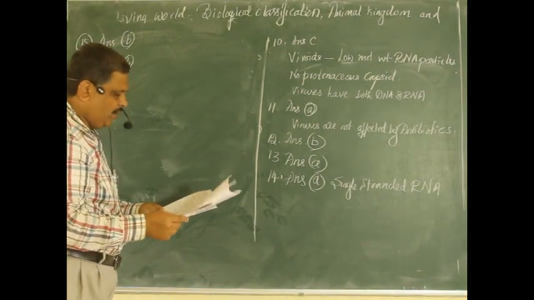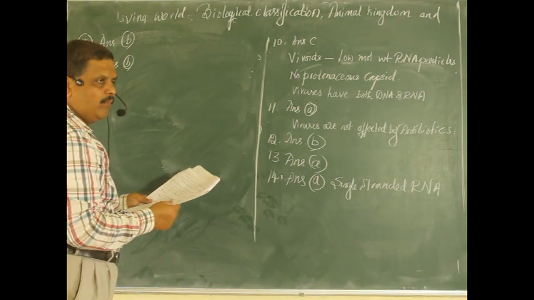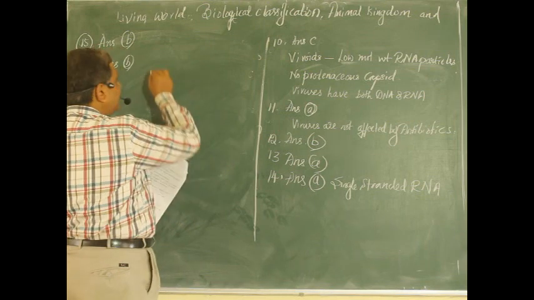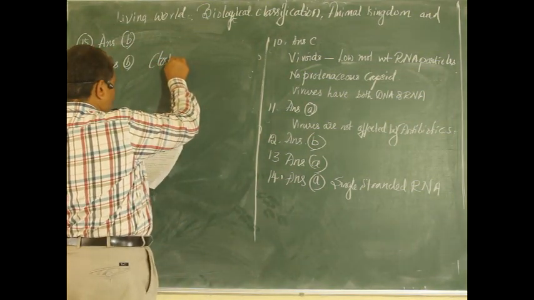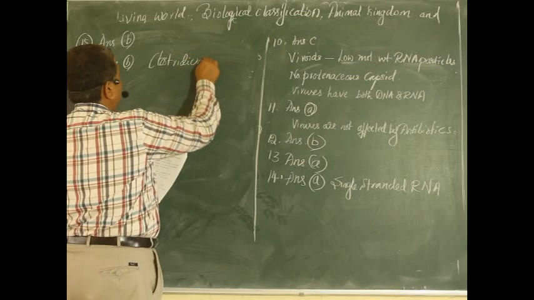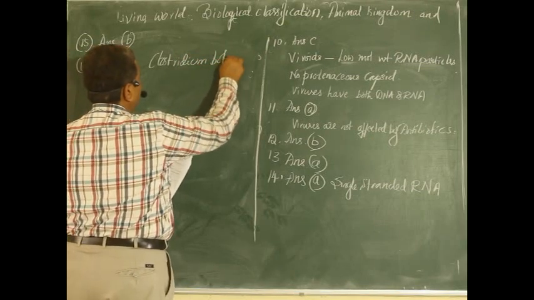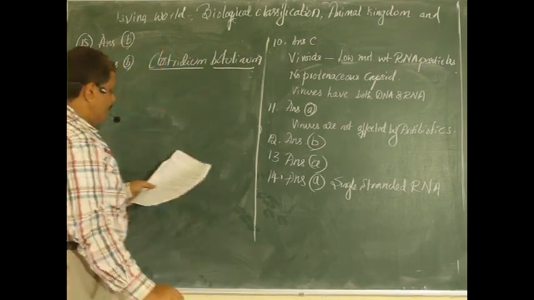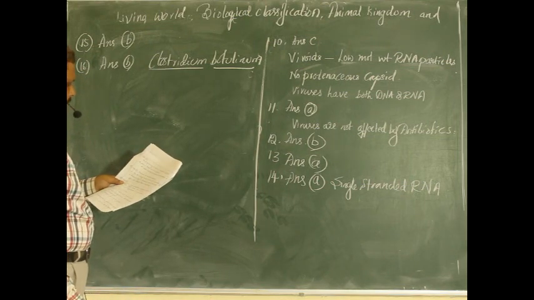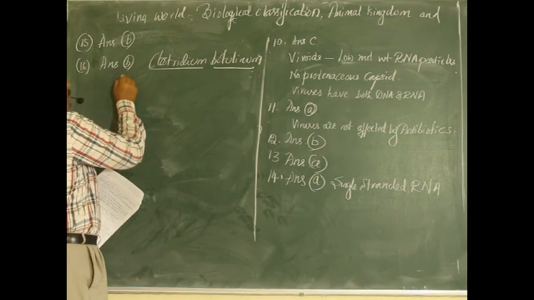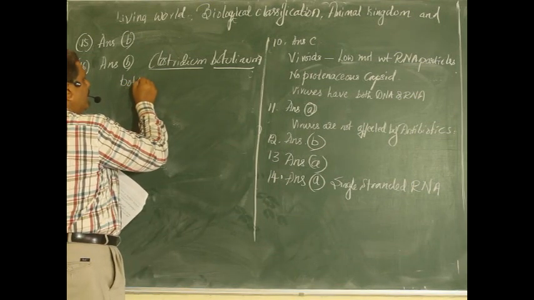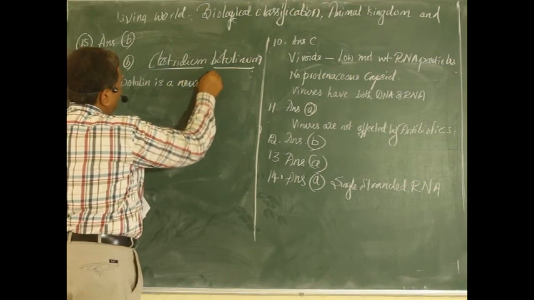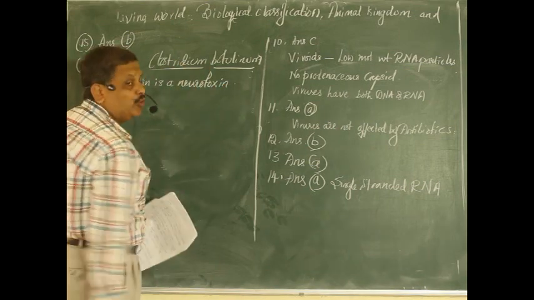What is the scientific name of the botulism organism? It is Clostridium botulinum. You should remember this. Clostridium botulinum. And remember, botulin is a neurotoxin.